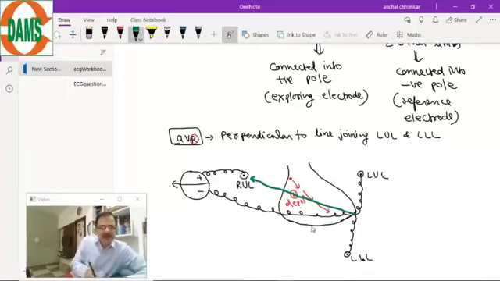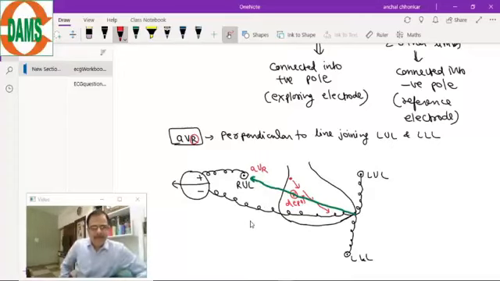This is a vector line, and I will write AVR here. So this is the vector line of AVR. It is perpendicular to the line joining the left upper limb and left lower leg.